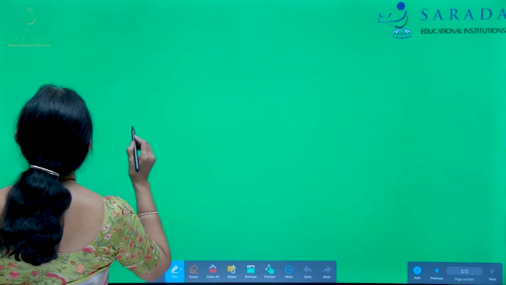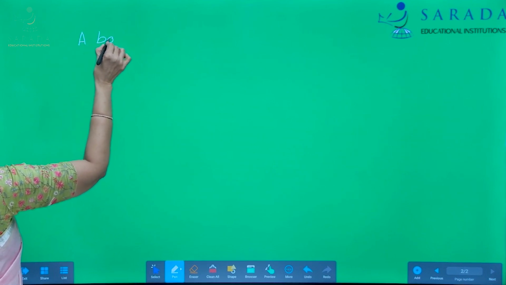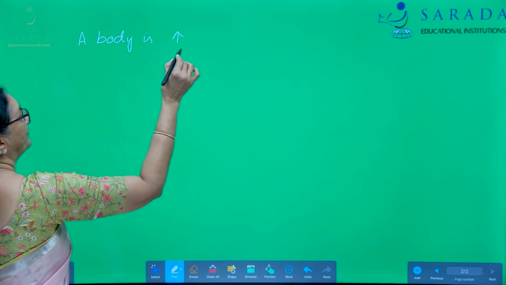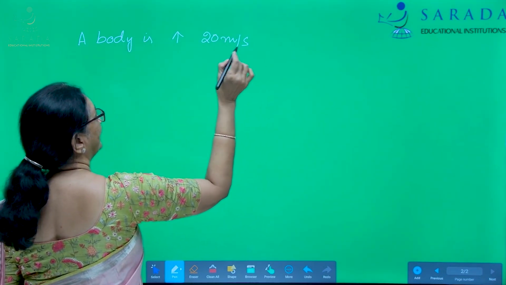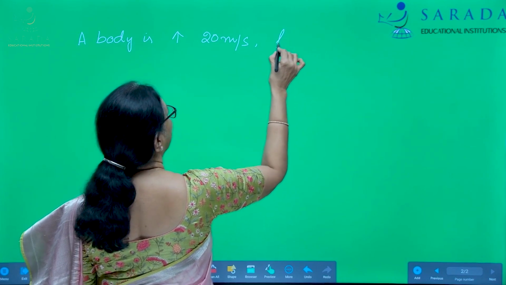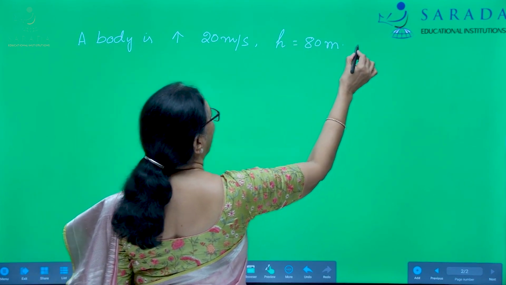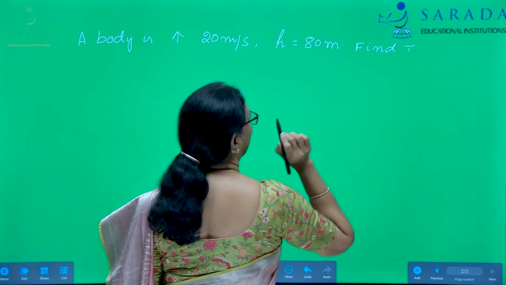Let us consider a tower. Let us note down the problem. A body is projected vertically up with a velocity 20 meter per second from the top of a tower of height 80 meters. Find the time taken by it to reach the ground.